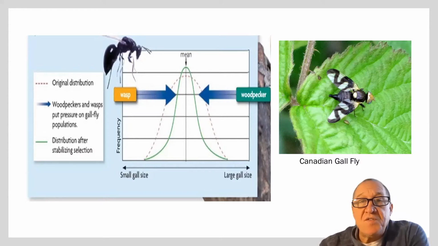So at that particular time, birth weight was pushed towards some sort of medium size, away from very, very small infants and away from very, very large infants. Now, keep in mind, that does not necessarily hold true anymore because of all the medical technology that we have.